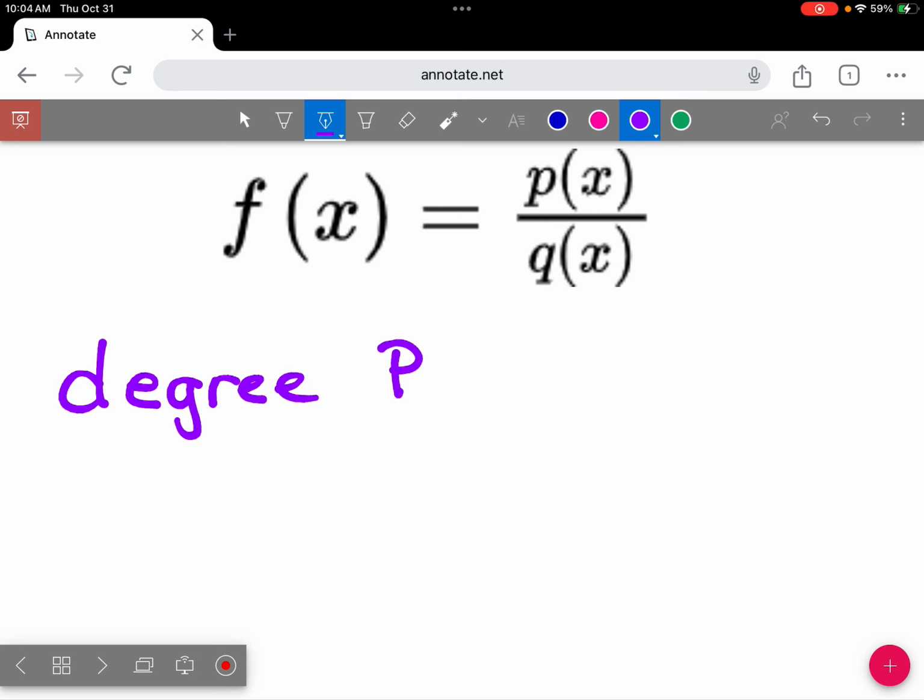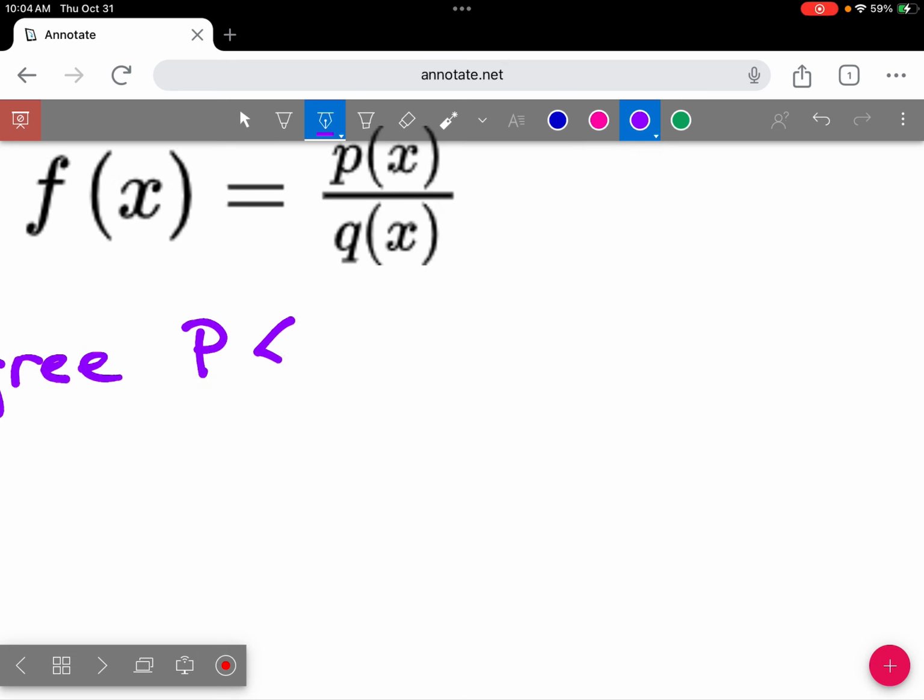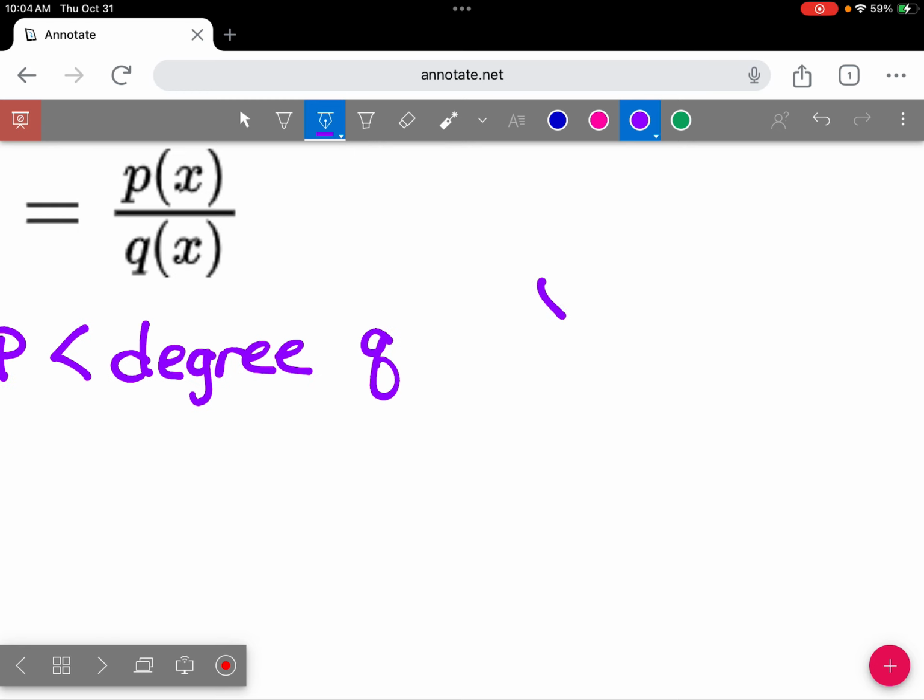If the degree of P is smaller than the degree of Q, an example would be X over X squared. The degree of P is 1, the degree of Q is 2, so my degree on the top is smaller than the degree of the bottom.